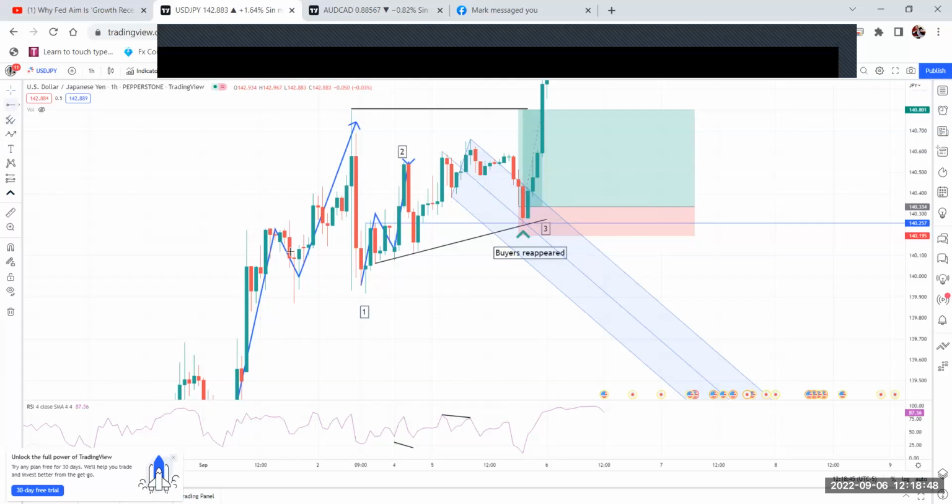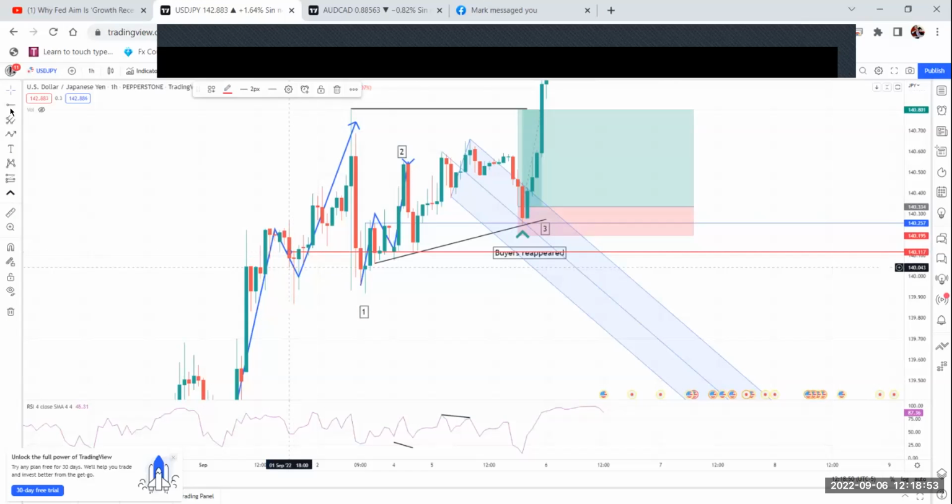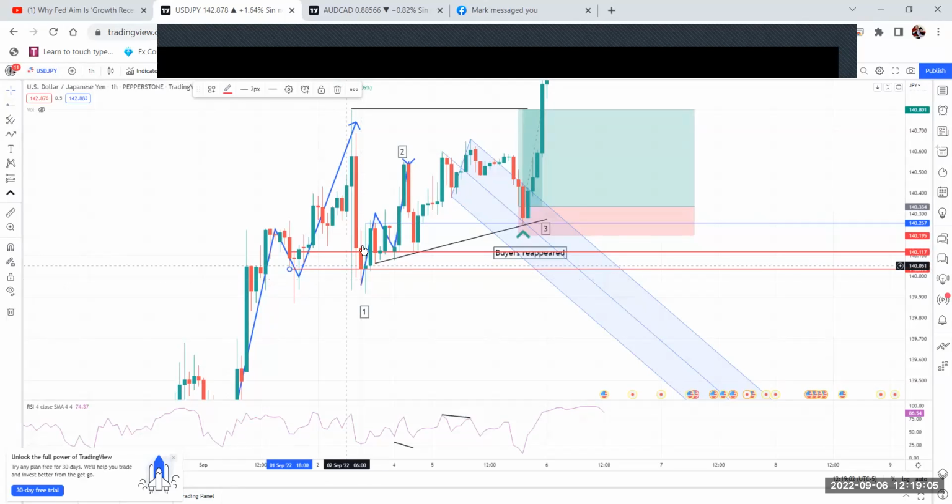So here's my frequency line for the first zone. And here's my outward frequency line. So you can see the candles poked it, but did not close below it. So it was still holding.